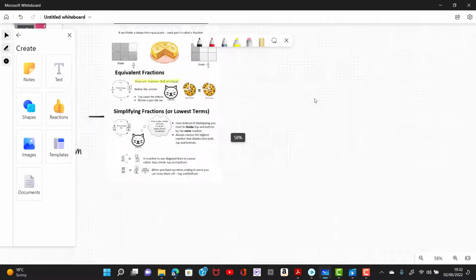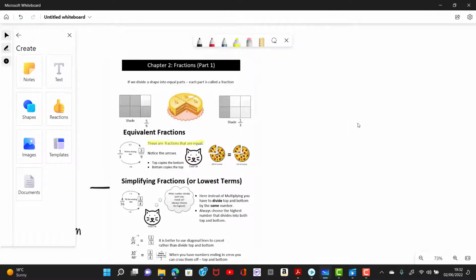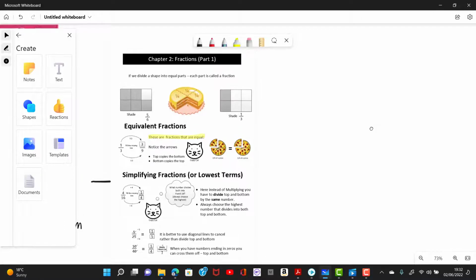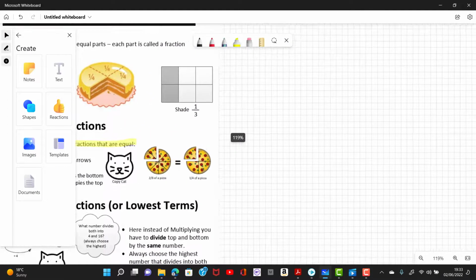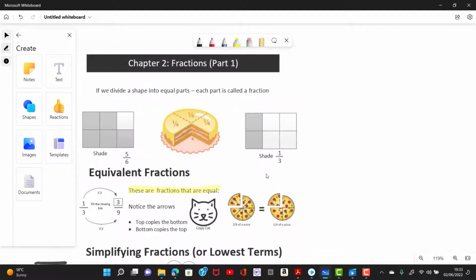So let's zoom in. We'll go directly through how the book covers it, and we might divert and give further explanations. The notes are quite simple, but as you're watching the videos, try to make some simple notes as we go along. The first thing we cover is what is a fraction.